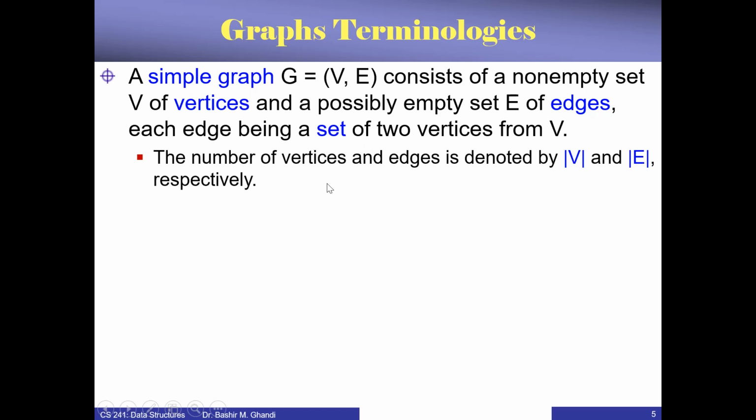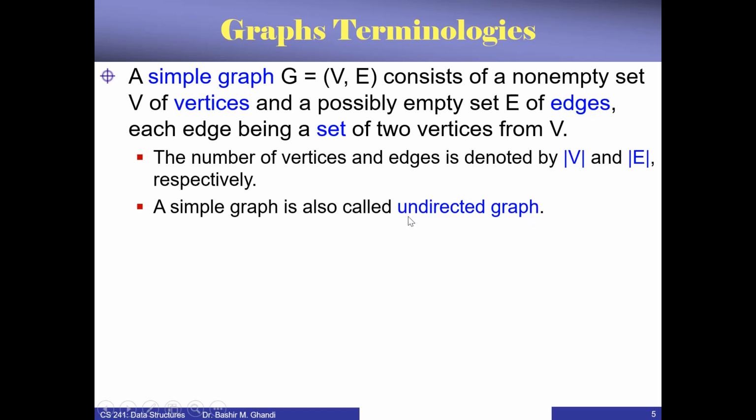Now, the number of vertices and the number of edges are normally denoted by these symbols. This one represents how many vertices are in the graph, and this one represents the size of the edges, how many edges are in the graph. Another name for a simple graph, which is even more common, is undirected graph.